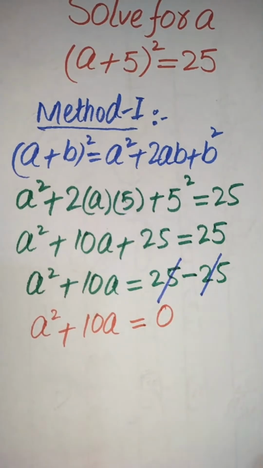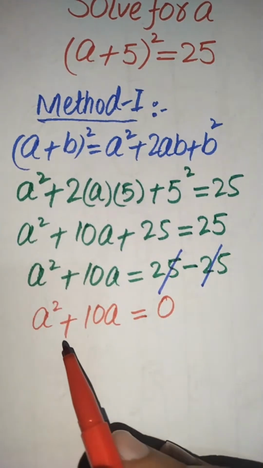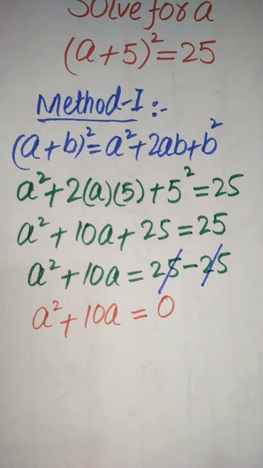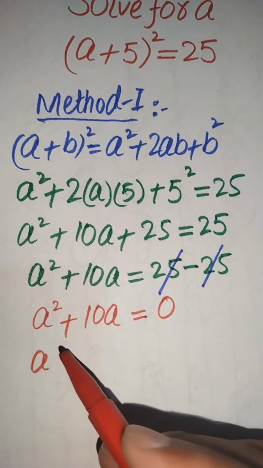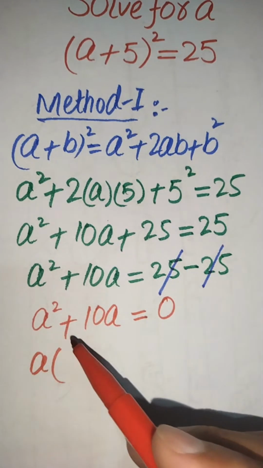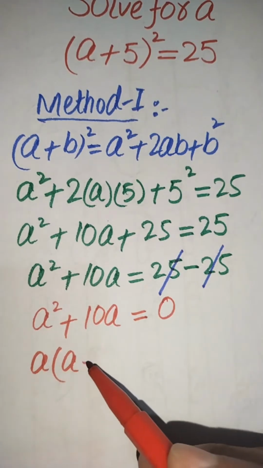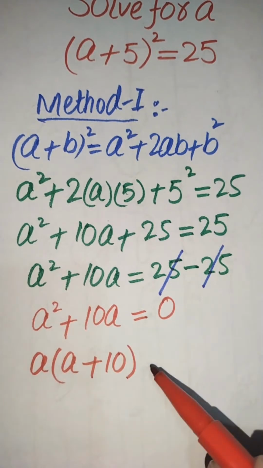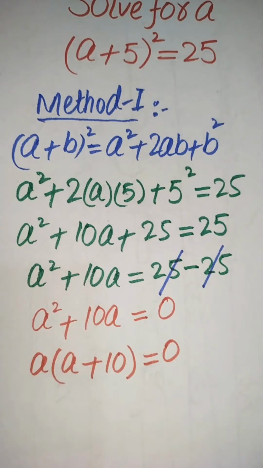Both of these two terms involve a, so we need to take a common from here, and when we take a common we get a times (a plus 10) is equal to 0.